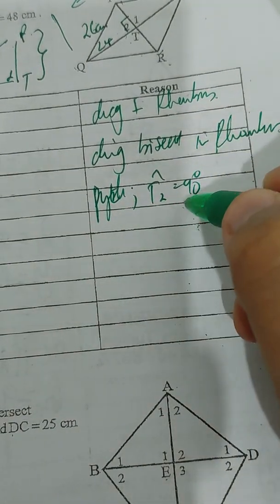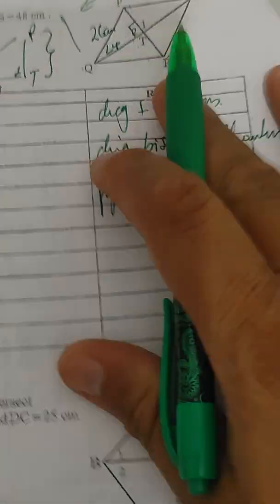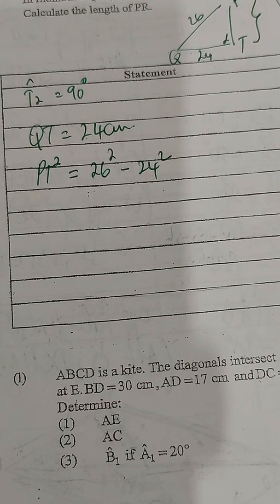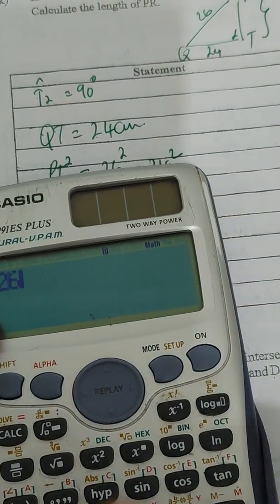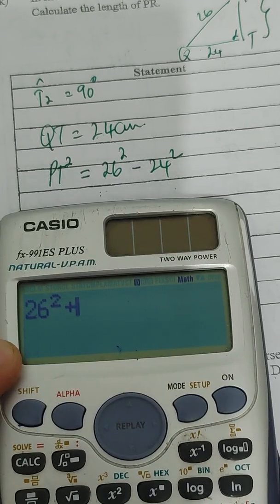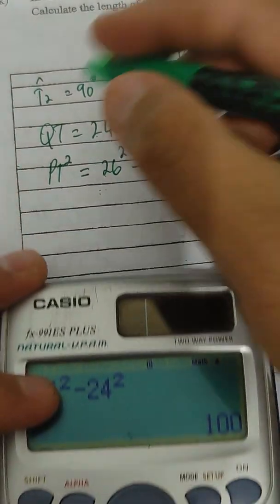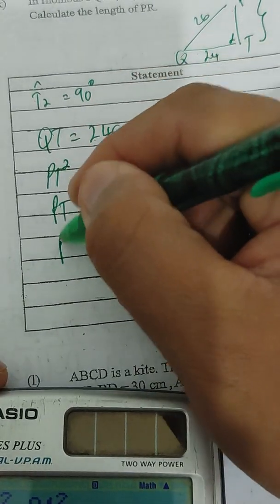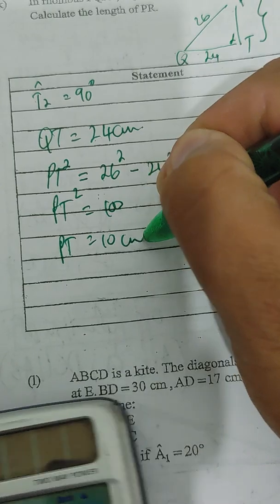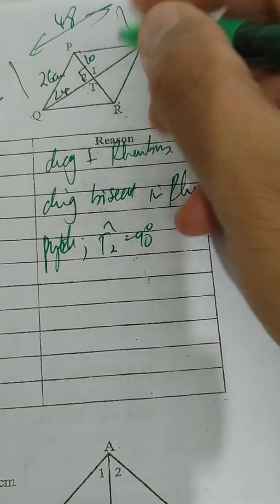We have to mention the angle that is 90 when we apply Pythagoras. So 26 squared minus 24 squared gives you 100. So PT squared is 100, and the square root thereof gives you 10 centimeters.